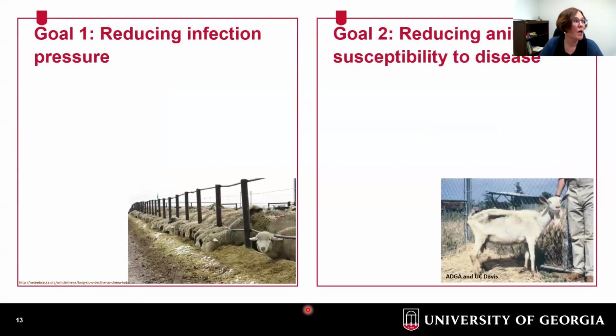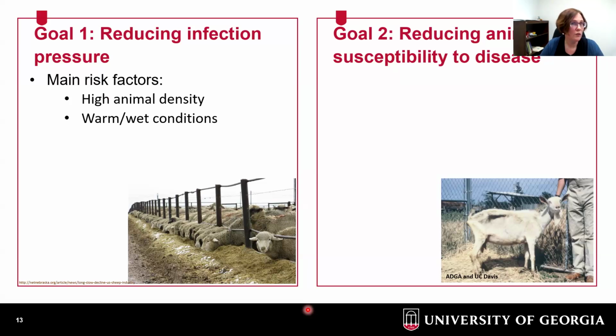And you don't have to. So looking at prevention with management measures, the first goal would be to reduce the infection pressure, so have less of them in the environment. And the second goal is to make sure that the animal is able to deal with it, so reduce their susceptibility to disease effects.